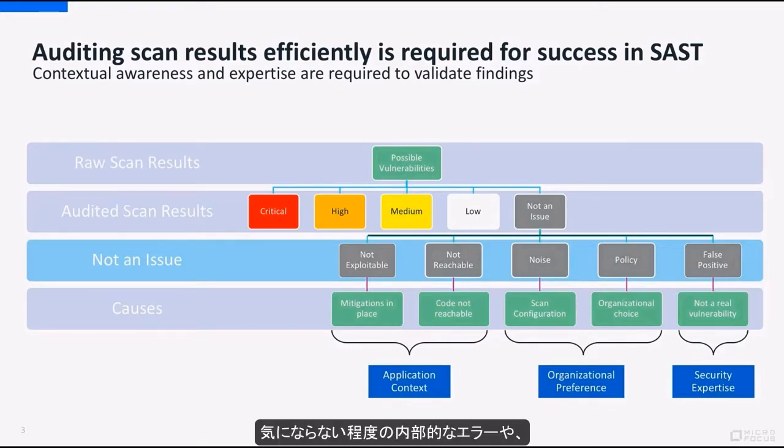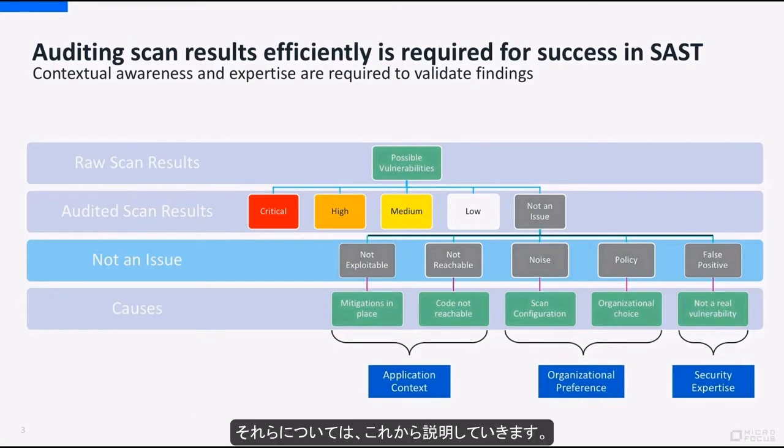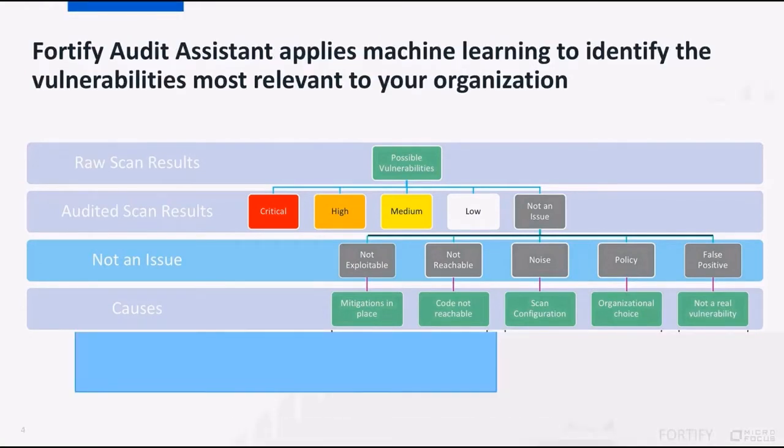It could be an internal app you don't care about, or it could be not an actual technical false positive, right? A technical decision around false positives and false negatives. The type of data that we're going to provide to you falls into the far right, the false positive idea. We provide the security expertise, as we'll talk about here in a minute. And you and your organization can actually provide us the application context and the organizational preference. And I'll explain that all as we go through this.